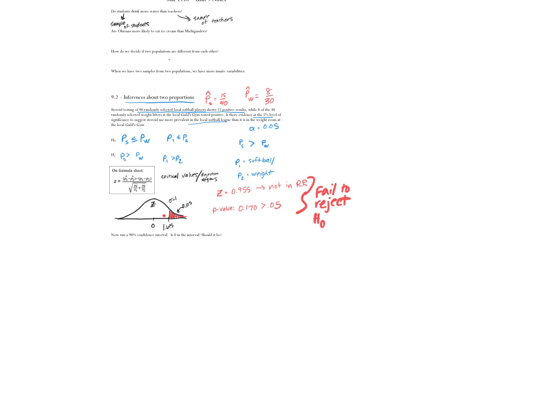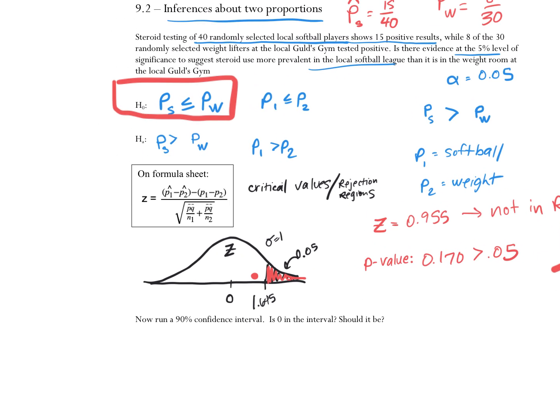All right. So what's my conclusion? If I am not rejecting this hypothesis, yeah? With a 95% confidence, with a 5% level of significance, we have support that says softball players have a lower or equal proportion use of steroids.